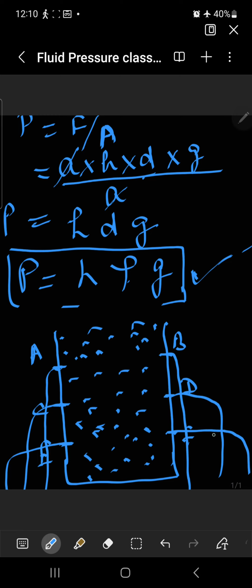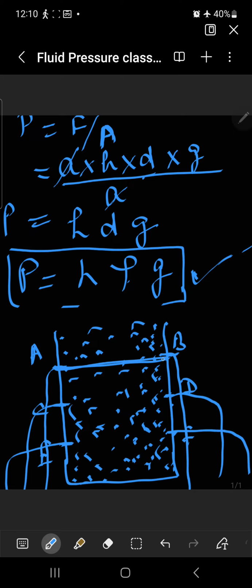But the way the water comes out is different from different holes. Why is it so? Because as we move upwards, the height of fluid is increasing, and as we move downwards, the height of the fluid is decreasing.